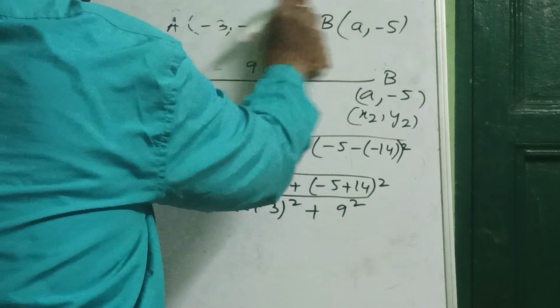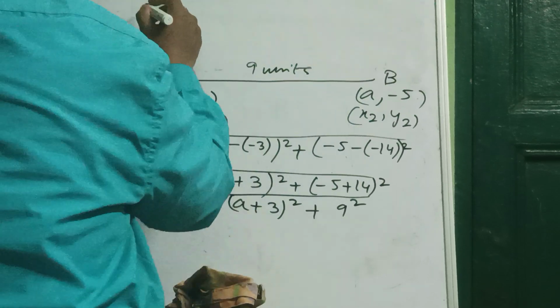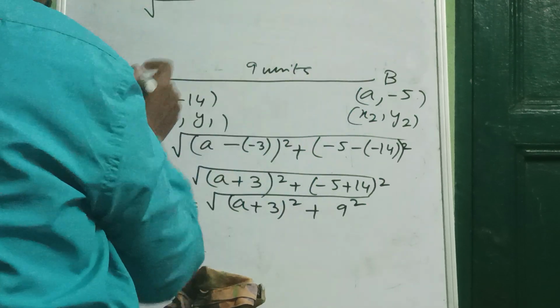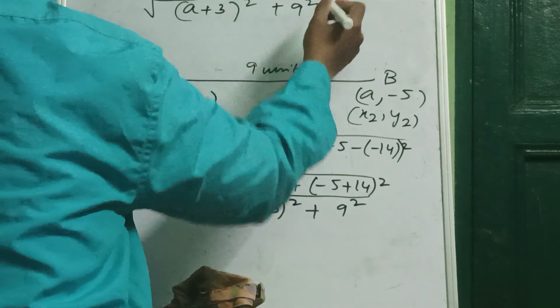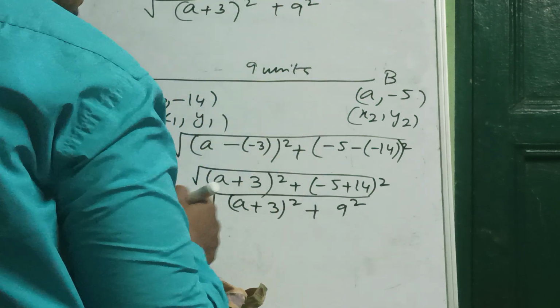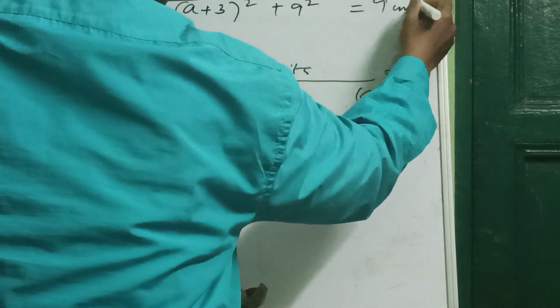I write this on the upper side. This is the square root of a plus 3 whole square plus 9 square equal to 9 units.